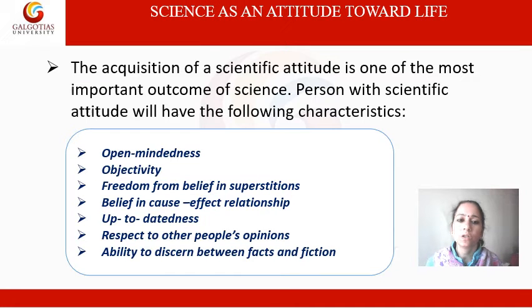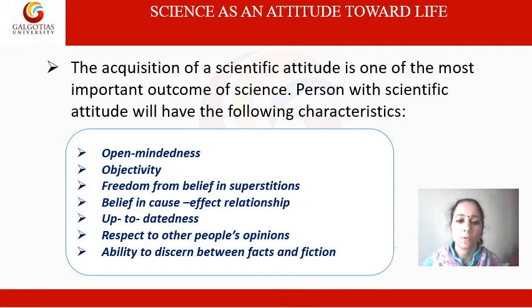The third one is science as an attitude toward life. The acquisition of a scientific attitude is one of the most important outcomes of science. A person with a scientific attitude will have the following characteristics. If a person has certain qualities, then we will say that he or she has a scientific attitude.